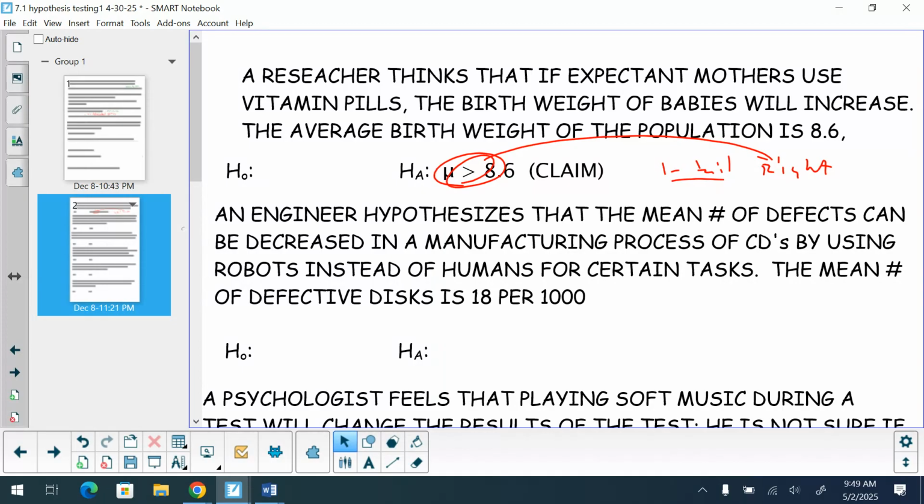Write down one tail, two tail, and if it's one tail, throw down left or right. Check your answer with somebody around you.